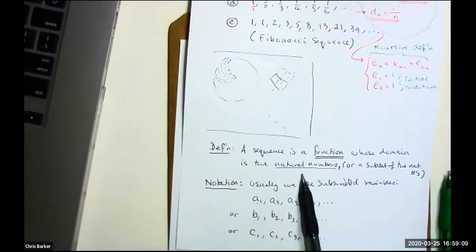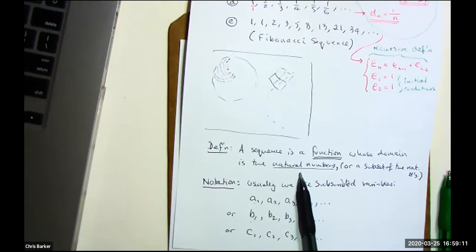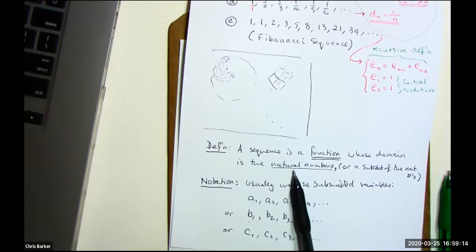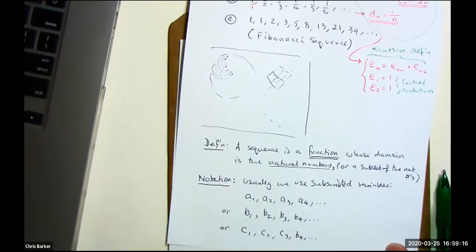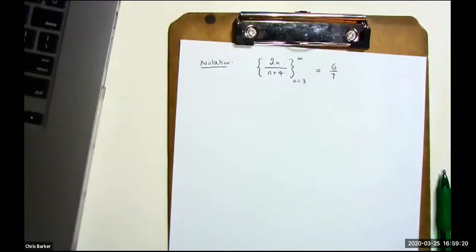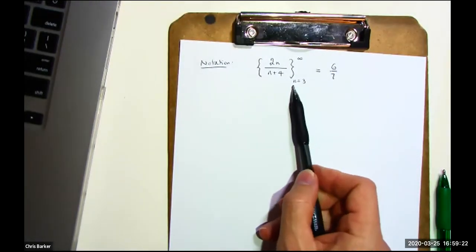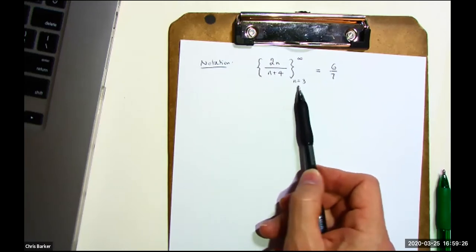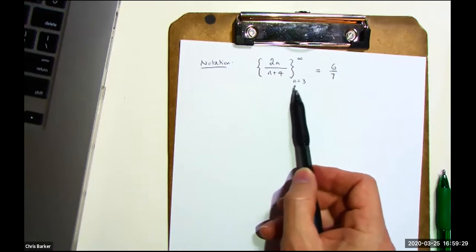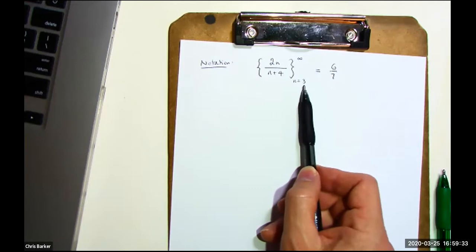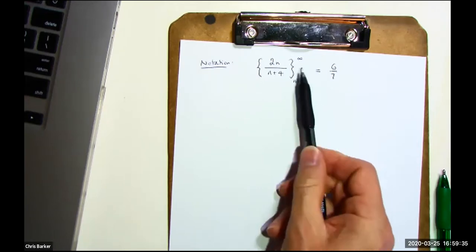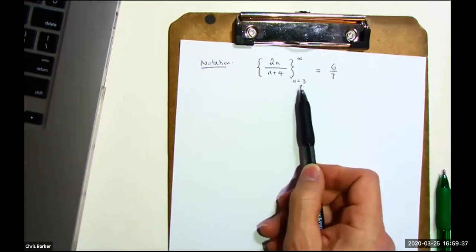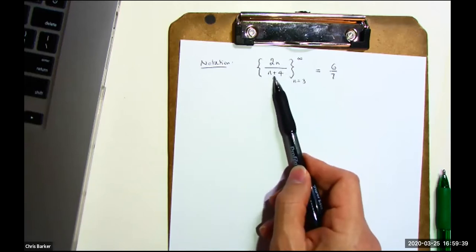We'll use just the natural numbers unless there's a good reason not to. Occasionally, usually for convenience's sake, we'll say, no, I don't want to start at 1. For whatever goofy reason, I want to start at 3. And you can do that. You can override the general rule that you always start with 1. You just say so. I want to go from 3 to infinity rather than from 1 to infinity. And the usual reason you'll change that is it might make the formula simpler.